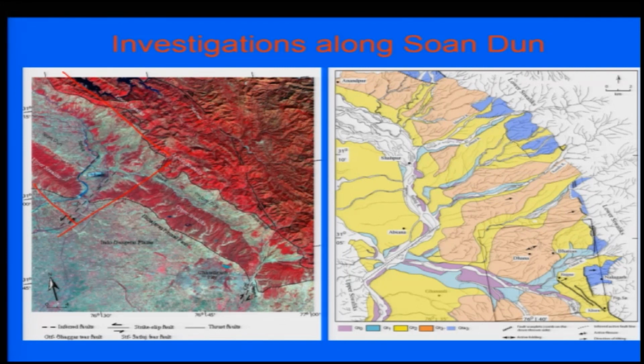Now, what we found was this region was showing us the streams which are flowing in all directions, and we were not having an idea why it is showing so, because this usually should have been a flat area, because this is an area which is similar to the Pinjore Dune.